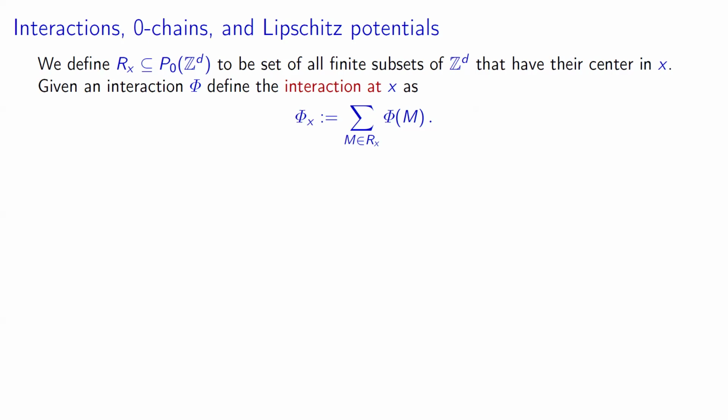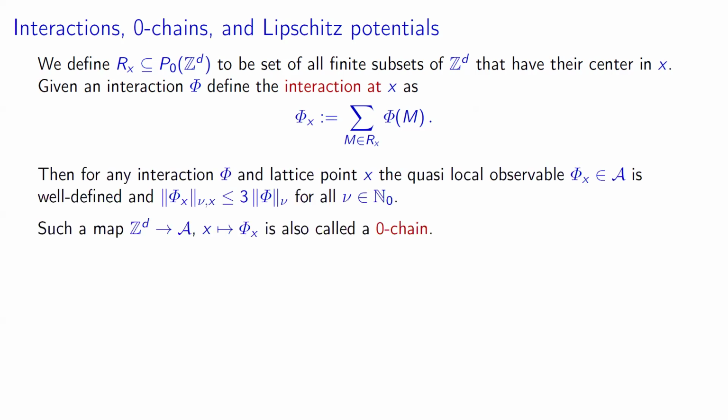In particular, it will be useful because this will be an element of the algebra, nicely localized near x, in the way I do it. And this is what I was just saying: the nu, x norm of this observable will be bounded by the nu norm of this interaction for all x and nu.